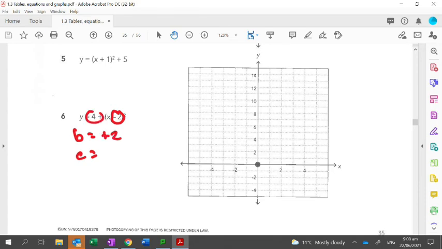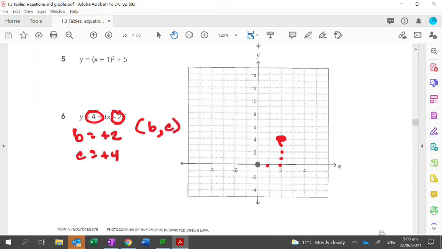There you go. My c is anything that's added or subtracted to my bracket, which in this case is a 4, so it's positive 4. So my vertex is to the right 2, and then up 4. So right there. Just count it out like any other point. Because remember, the vertex is always the point (b, c).